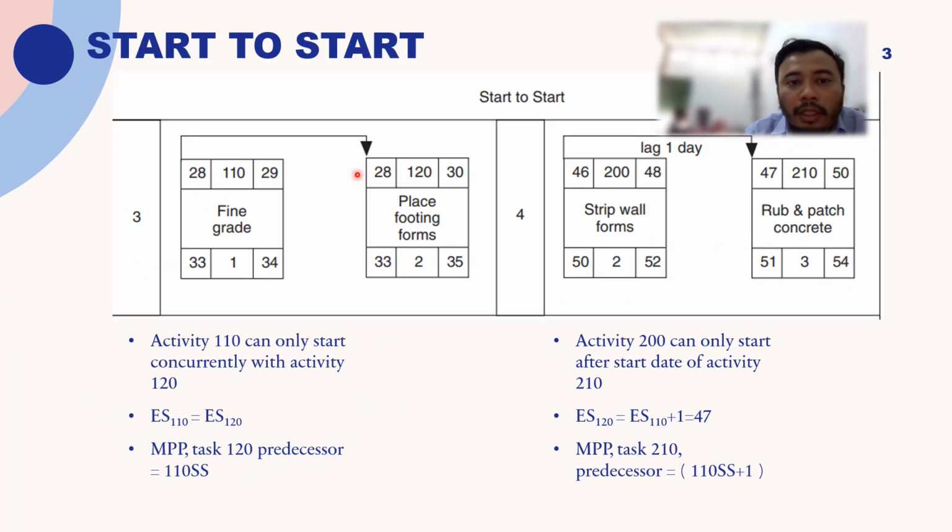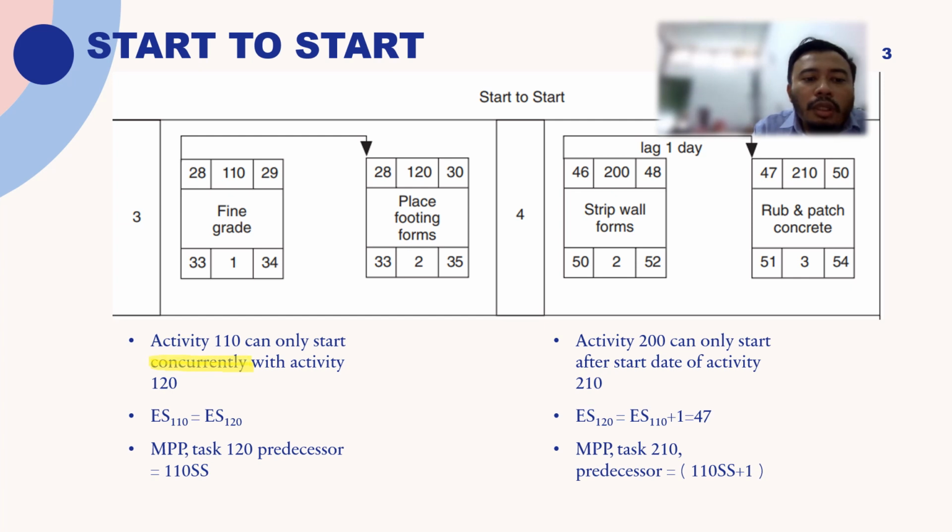Another form of dependency is start to start. Activity 110 can start concurrently with activity 120. Concurrently is the keyword.